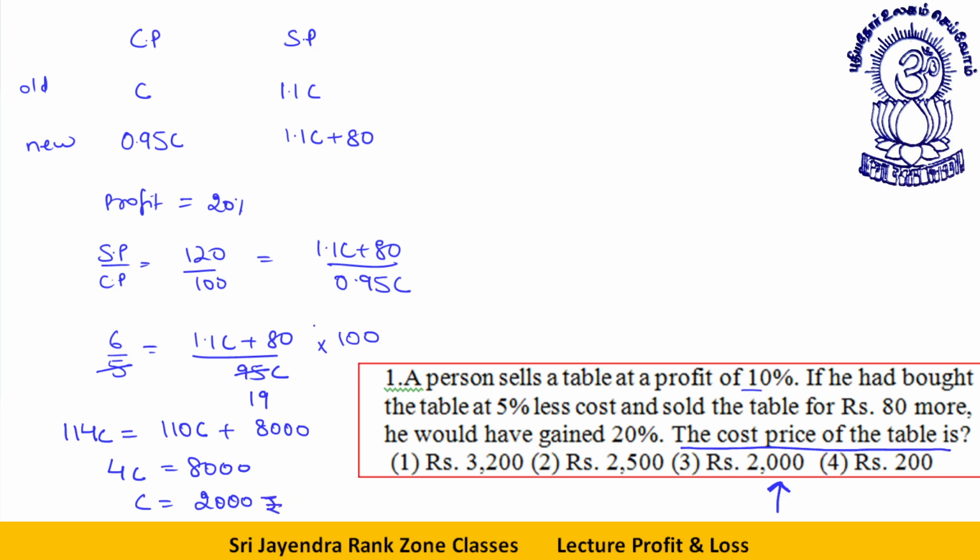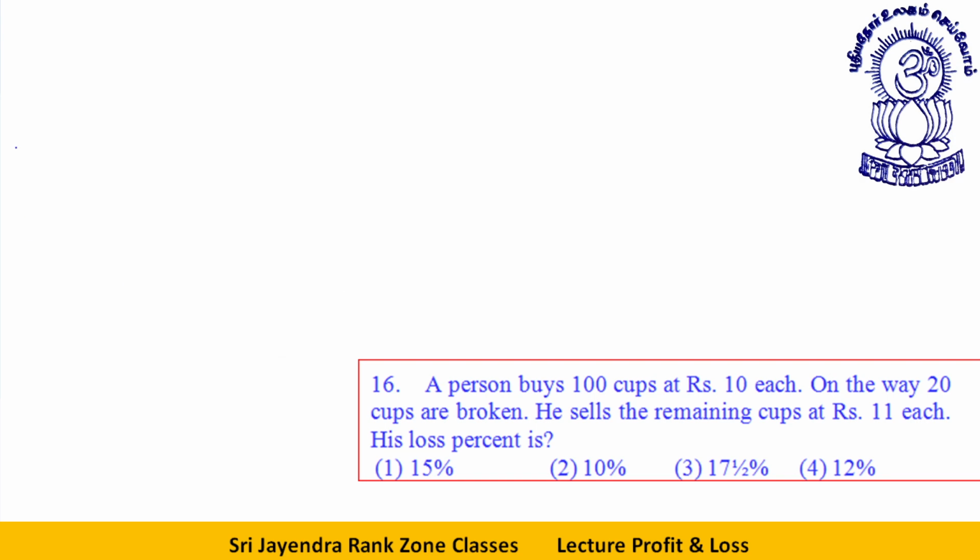The cost price of the table is 2,000 rupees. Let's move ahead. This must be clear to all, okay. This was actually a bit lengthy question, but genuinely this is the best possible method of doing this question, okay. Let's move to the next one.